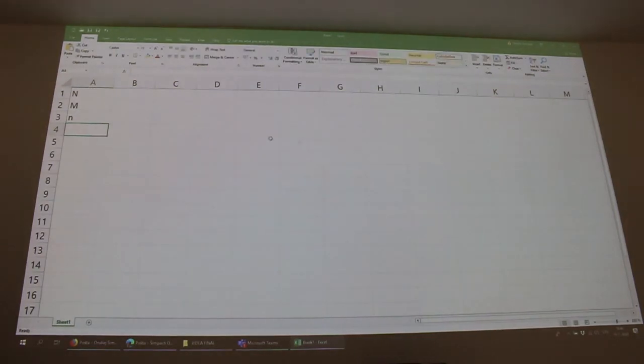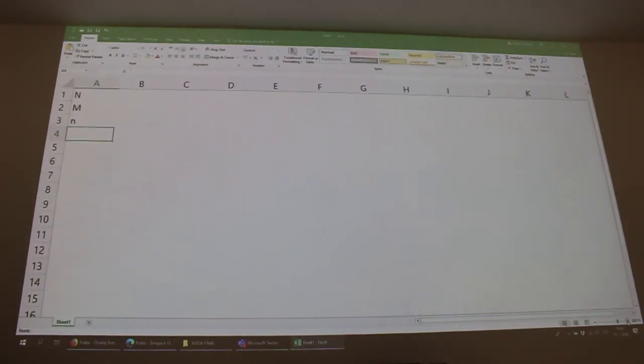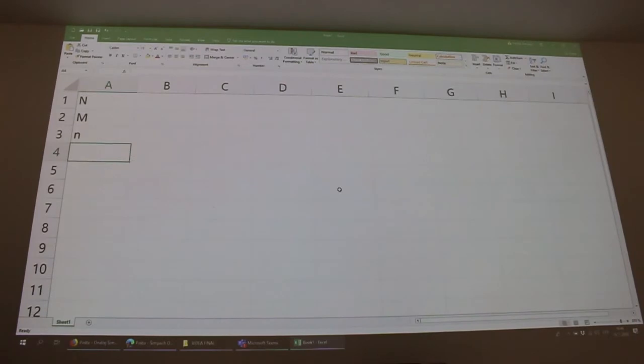So I will prepare here these parameters. We have a population of 10,000 people, 100 left-handed persons, and 50 persons is our selection.